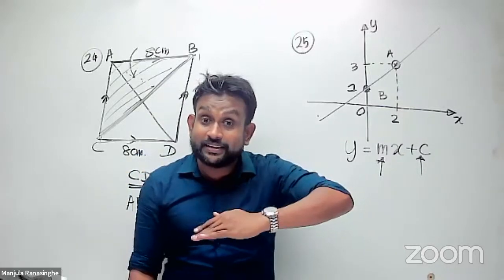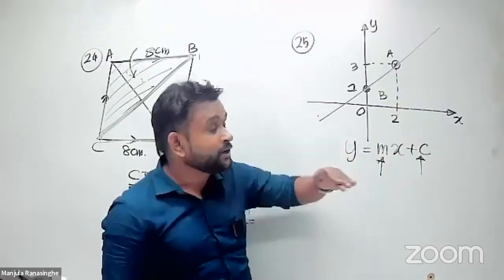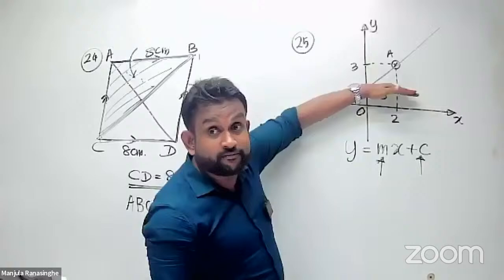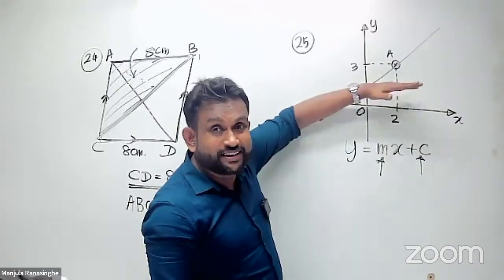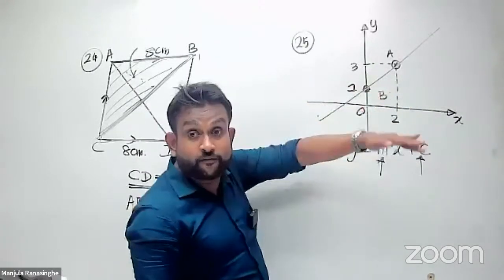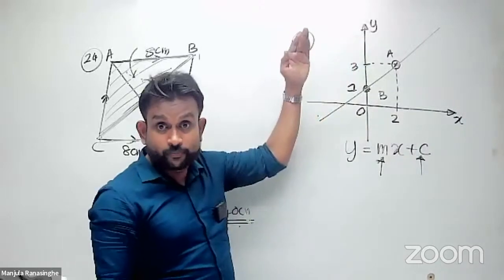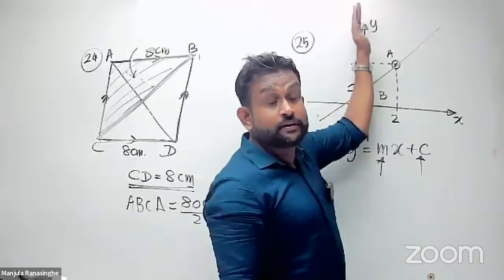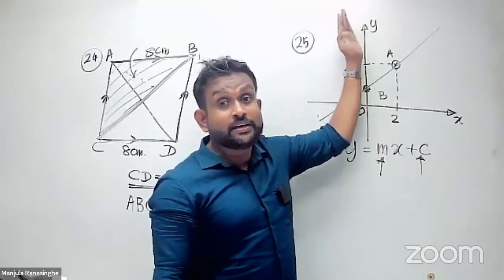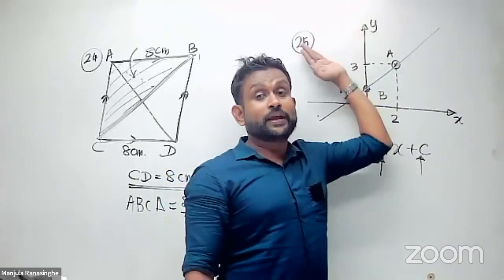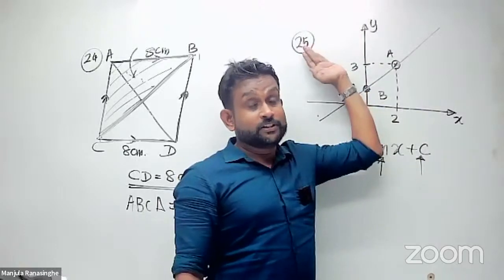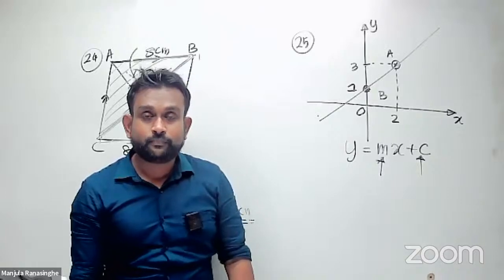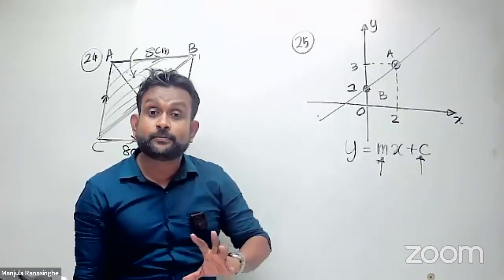The gradient is like the inclination of a straight line with the positive direction of the x-axis. Actually you get the tan value, but for now remember it as the inclination. If inclination is more, gradient is more. For acute angles, the gradient is positive. When it is an obtuse angle with the positive x-axis, then that is a negative gradient. Then how to find the gradient?